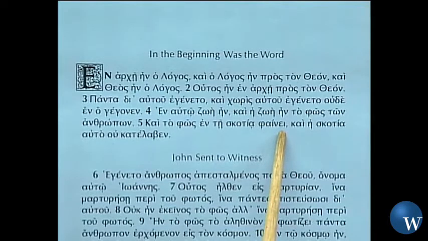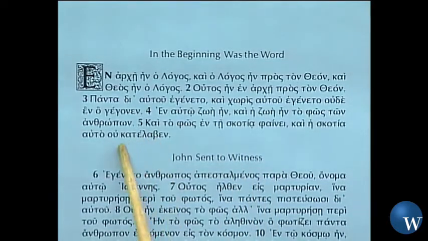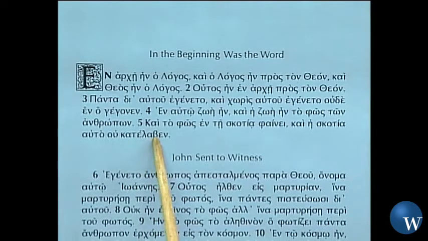Or even if, for example, we went back and looked at this word right here, katelaben, you would not find katelaben as such in a Greek lexicon. And the reason is that this is not the present active indicative first person singular. Those are the forms that a Greek lexicon will use as the first in looking up the actual word.